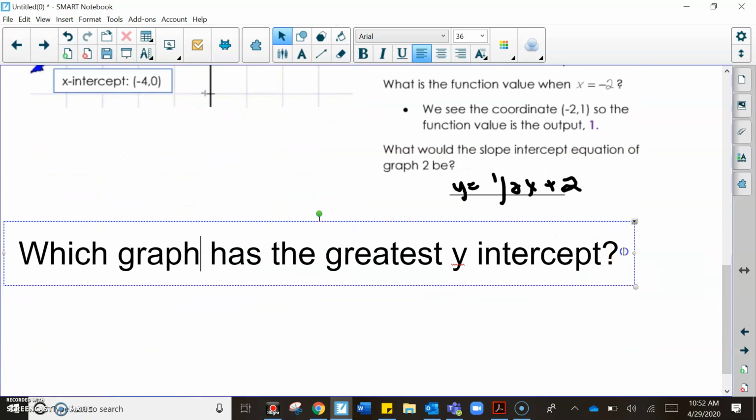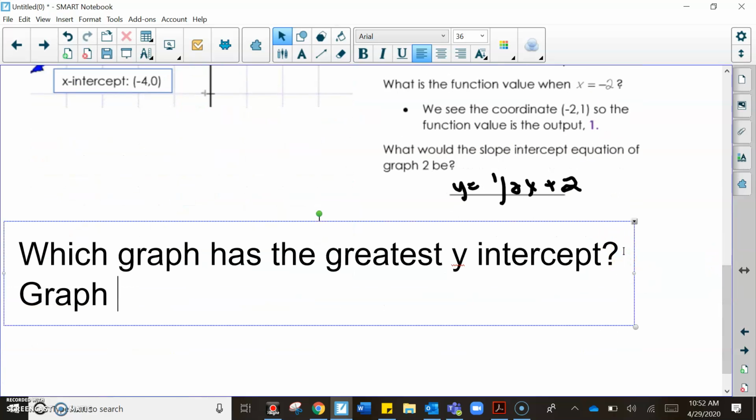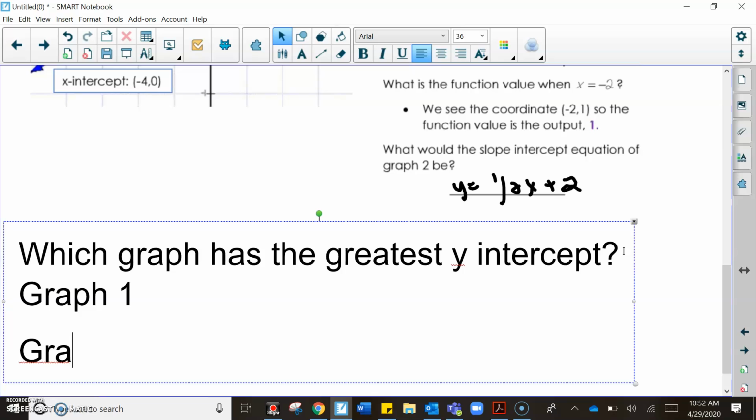So graph 1 has the greatest y-intercept. What about the greatest slope? Also graph 1. -2, that 2 is still bigger than 1/2. Continue practicing comparing these functions on your practice activity.